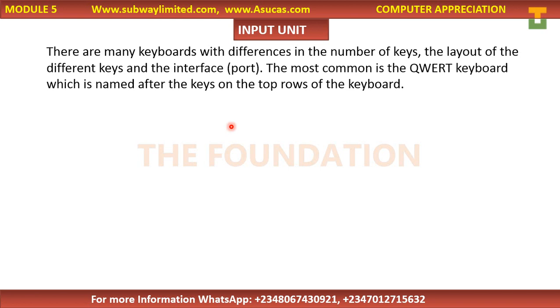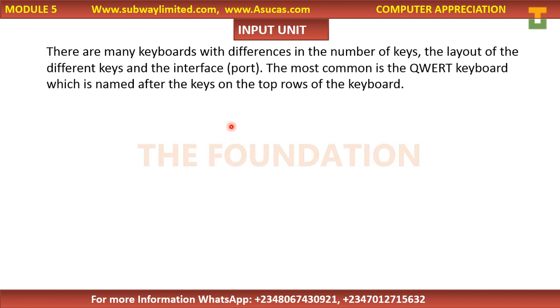keyboard, which is named after the keys on the top row of the keyboard. If you check your keyboard at the top row, on your left-hand side, you will see the alphabet keys, and it starts with QWERT.